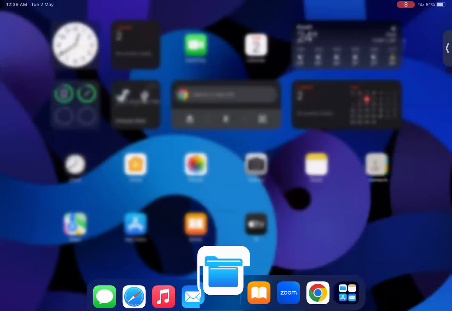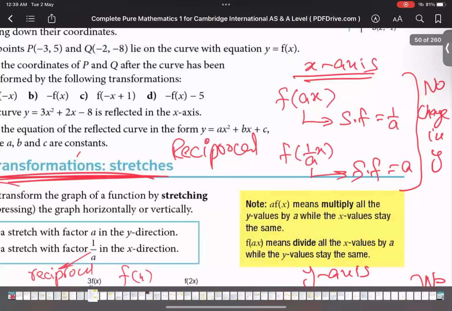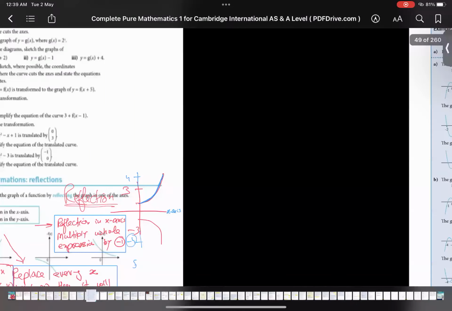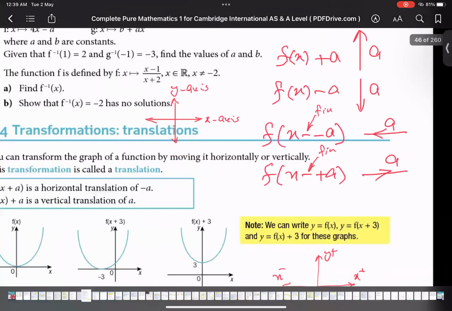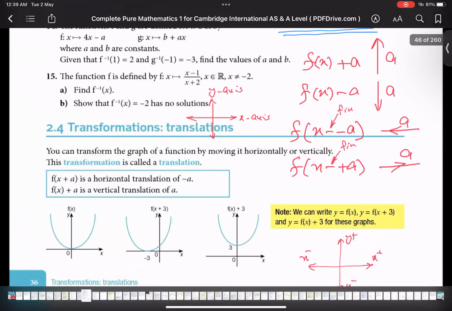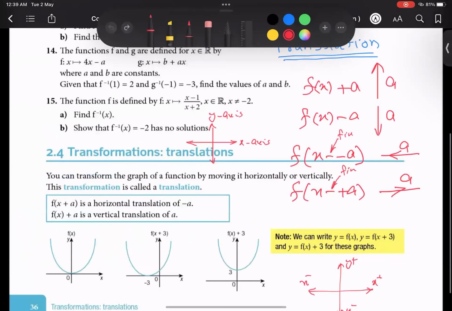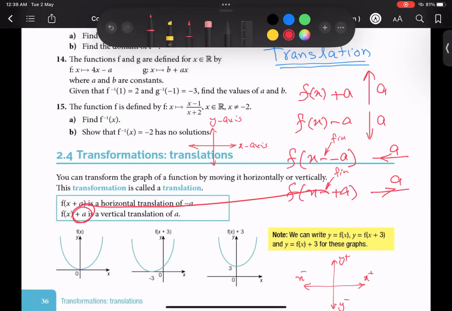So if you want to see this part, I can show you when you talk about translation. You can see this one. This one point is very important to discuss here. Outside adding is called vertical and in the bracket is called horizontal. So if this outside is plus, it goes upwards.